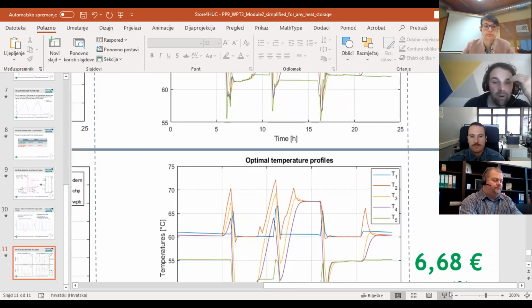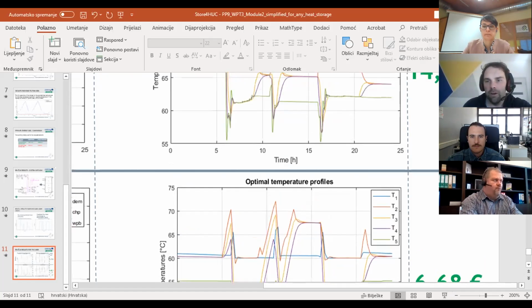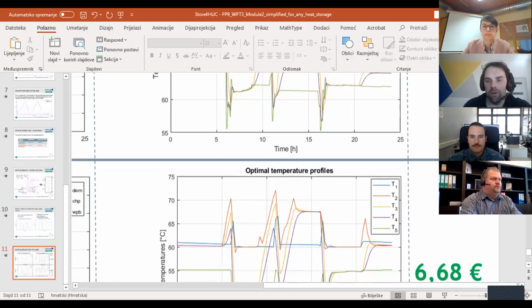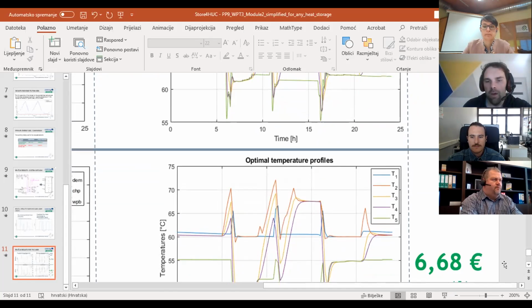This heating source cannot be represented as one equivalent, because they are so different, and it's all about when which is run regarding this benefit you see here. So this simple model would require some adaptation, some enlargements, even without modeling stratifications.